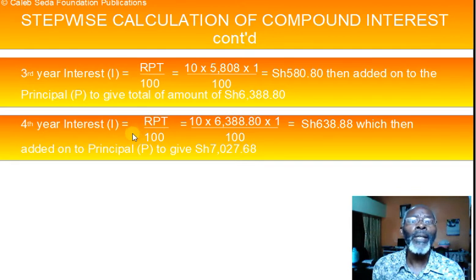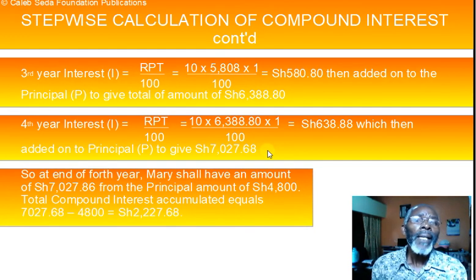At the end of the fourth year, it shall have earned interest of rate times principal times time over 100, which is 10% times the principal amount, 6,388.80 cents, times 1 year over 100, giving interest of shillings 638.88 cents, which is added on to the principal to raise it to 7,027.68 cents.